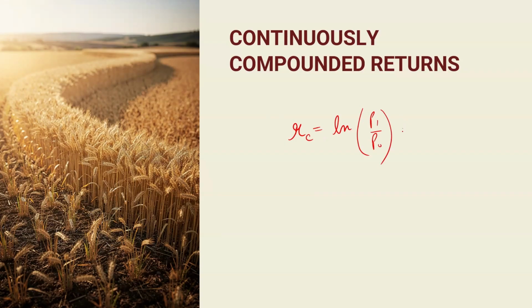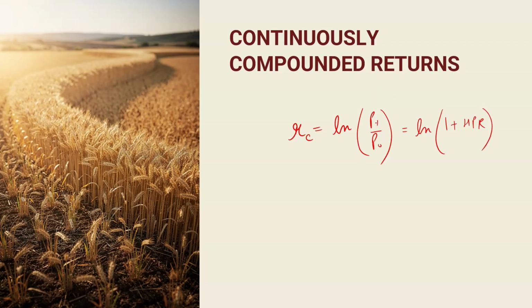Or you can also say this is equal to ln of 1 plus HPR, if you remember the HPR formula that we did initially, assuming there is no income. Here I'm assuming P1 includes both income and capital together.